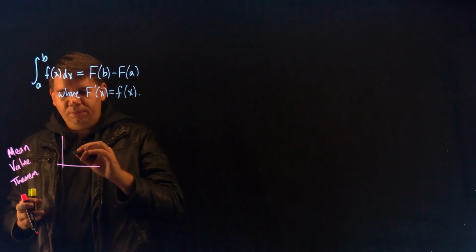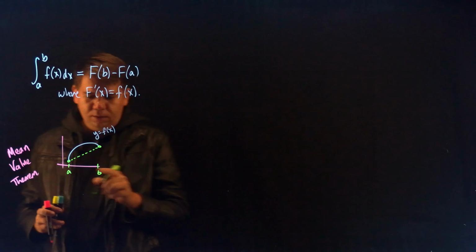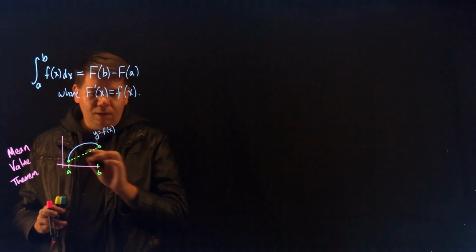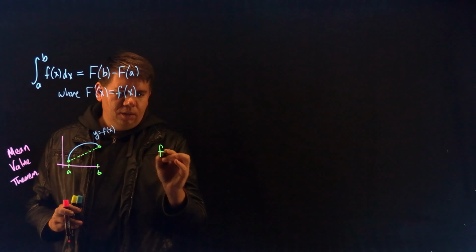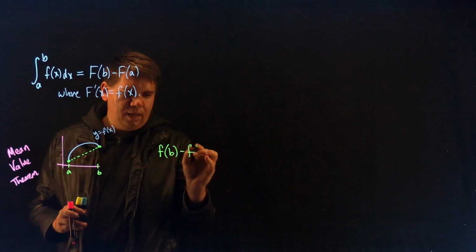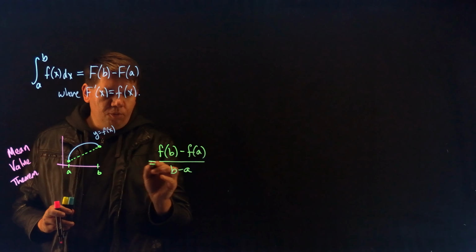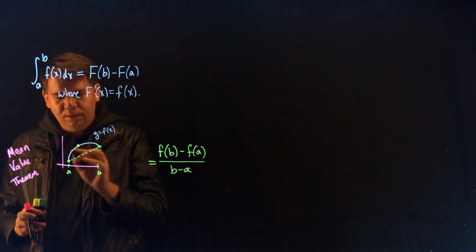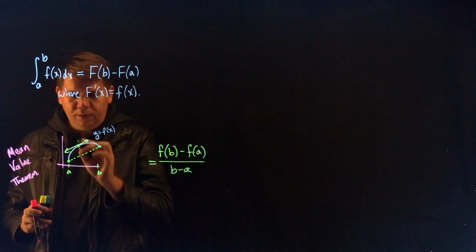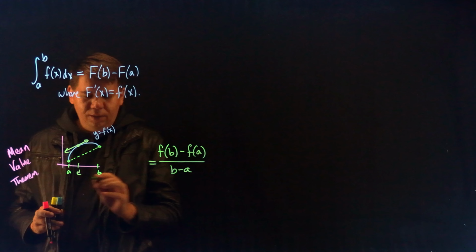When you have some function, y equals f of x, what this first version said is if you found the average rate of change from, say, time a to time b, or whatever the variable here represents, that average rate of change, f of b minus f of a all over b minus a, is equal to the instantaneous rate of change for some value c between a and b.